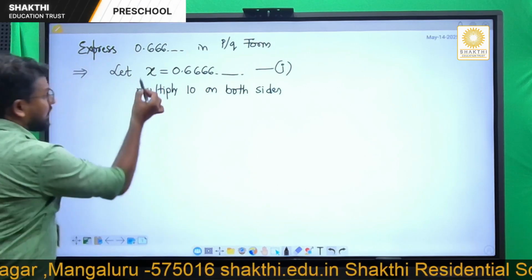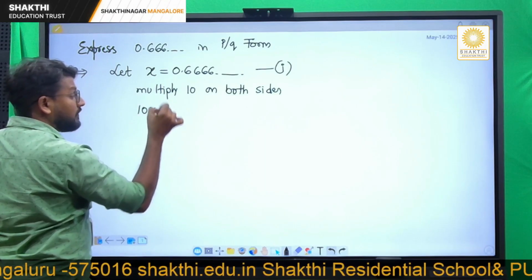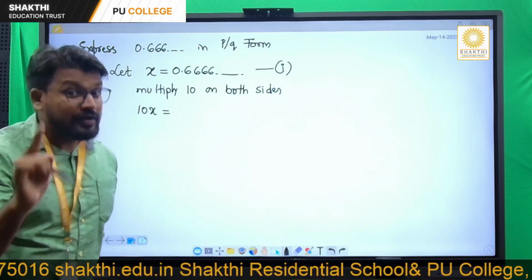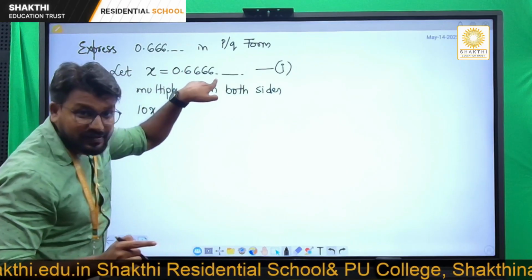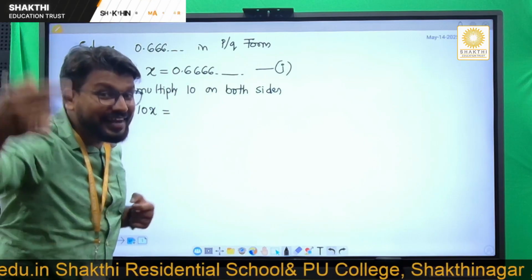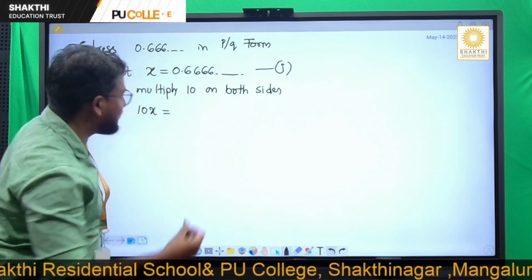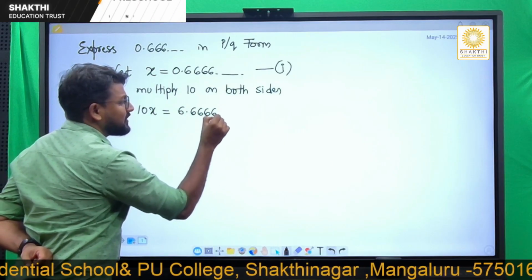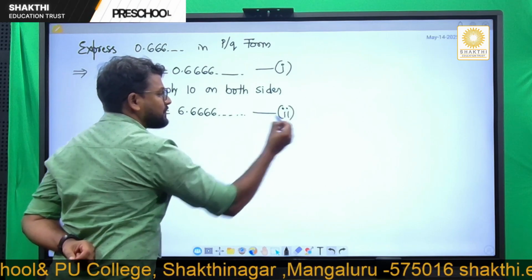The left hand side will be 10x, and for the right side, you have to be careful: when multiplying with 10, which has one zero, the decimal point shifts one place. So it is 6.6666 and so on, and let's call this equation number 2.